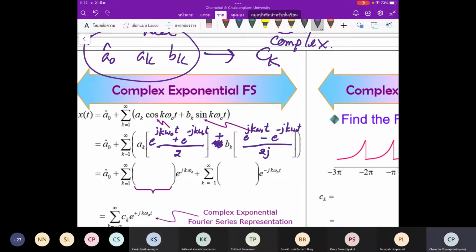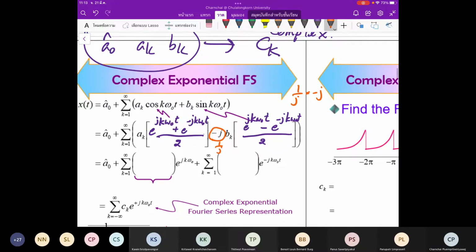I don't like the j underneath, so I change it into negative j, and this j disappears. You see what I mean? 1 over j is equal to negative j. So this negative j here comes from 1 over j.